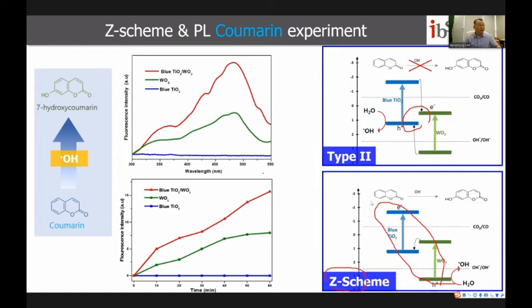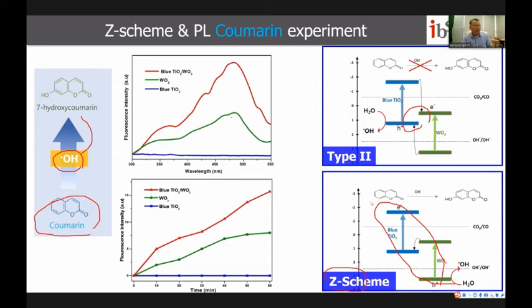To prove the concept, as you know, the valence band has OH radicals, and if you use coumarin and generate the OH radical, it can give 7-hydroxycoumarin, which is shown here.